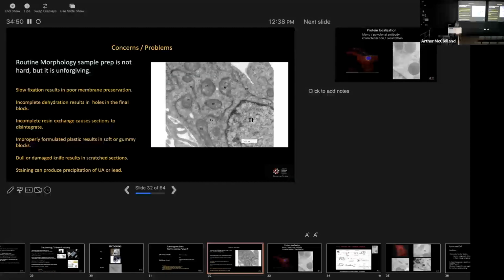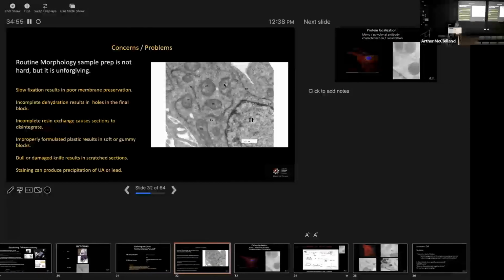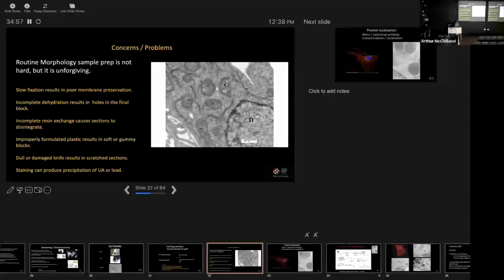We've got good organelle preservation. The mitochondria here are not swollen, they're not shrunk, they're not overly black or overly unstained. The ER is nicely recognizable. Again, we can tell the sample thickness because you can actually probably count ribosomes along the ER here.